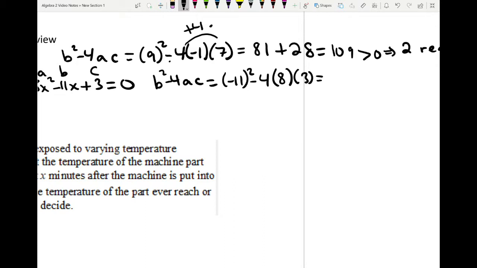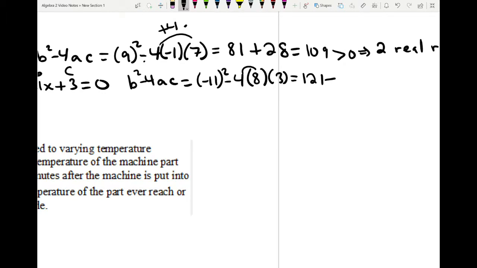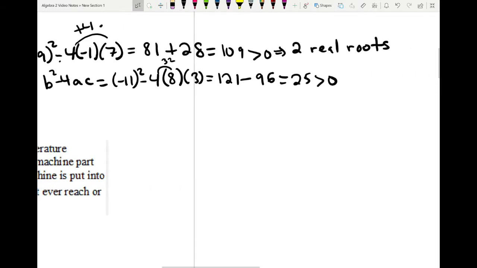So -11 squared is 121. 4 times 8 is 32. 32 times 3 is 96. So it's 121 minus 96. And that's going to give you a number that is greater than 0. If you were to subtract that, you would get 25, which is greater than 0. Therefore, we got 2 real roots.